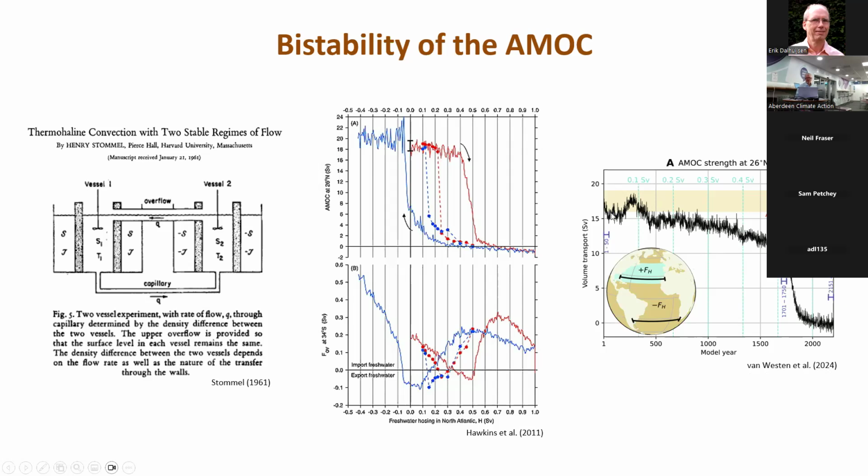This is in a much more state-of-the-art Earth system simulation, which they ran for 2,000 years, and they forced the North Atlantic with a lot of fresh water. I think it was actually an unrealistically high amount of fresh water, but it was to demonstrate that this behavior is possible in these fully coupled Earth system models. And the strength of the AMOC there was fairly stable. And again, we see this tipping point occur after around 1700 years.